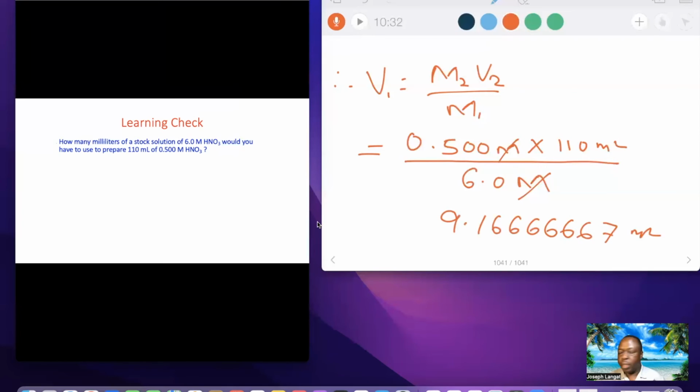We don't need all these digits. We need to round off to the correct number of significant figures. I see we have two. This is 9.2 ml. Always check the significant figures. We had 2 here, so division.